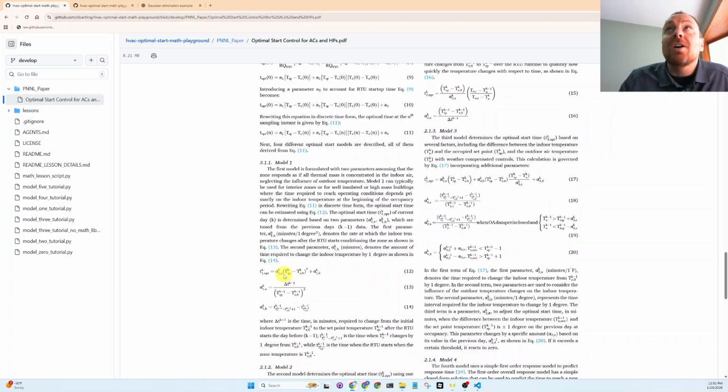I can't remember it. These have units to them too. So the delta temperature, the set point, and the zone temp are just in units of degrees. And then this might be, oh yeah, it says right here, this is in minutes. So this is a unit that will add on some more minutes, I guess.